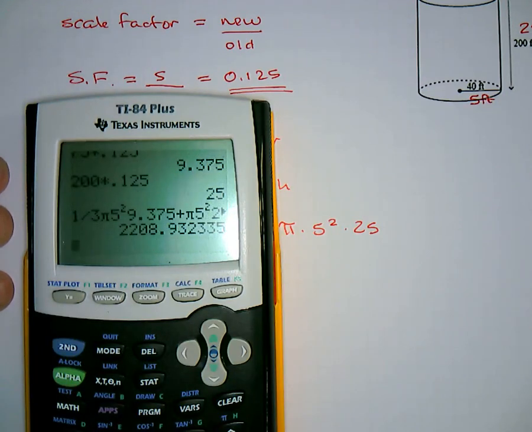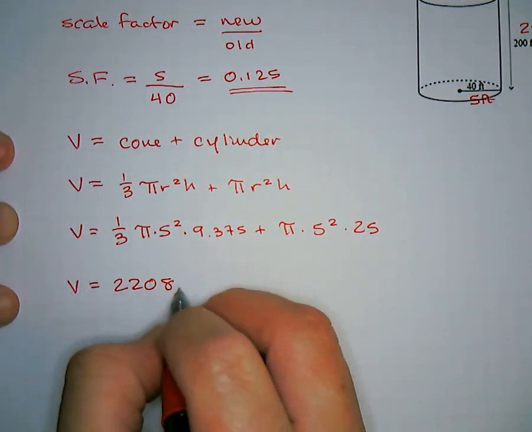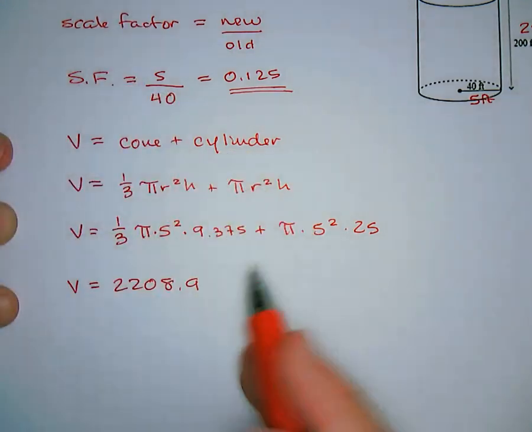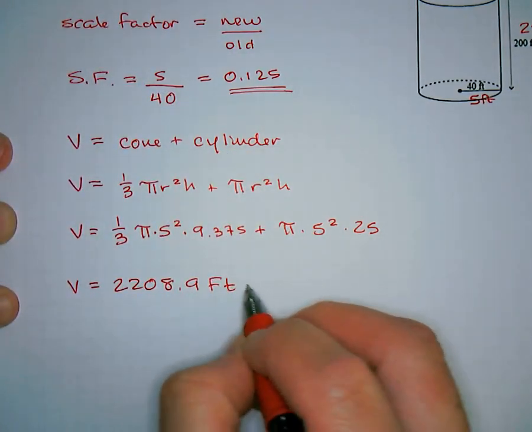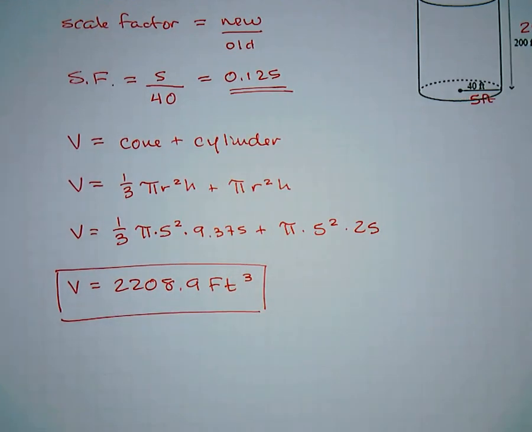So altogether, we should end up with 2208.9, and we're talking about feet. So cubic feet is the volume of the new shape.